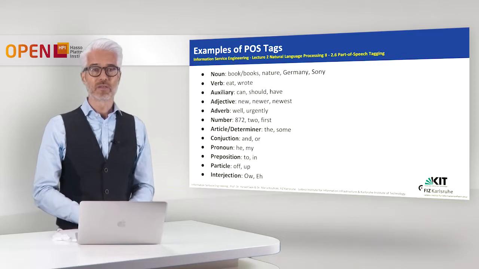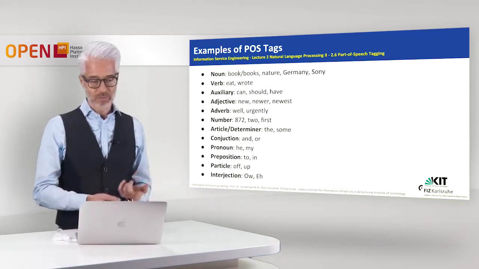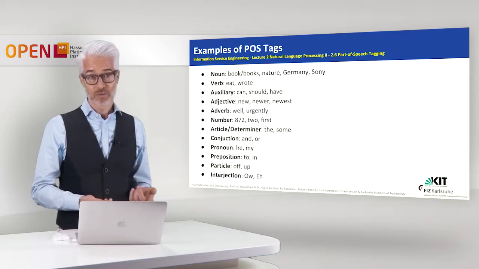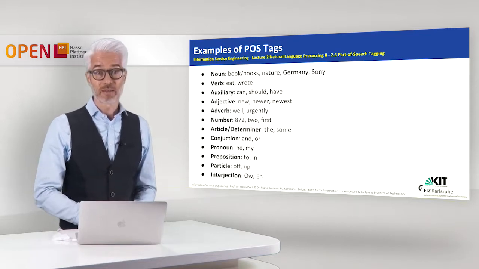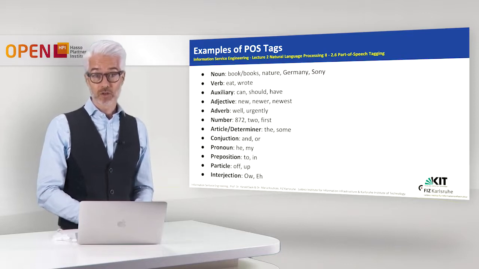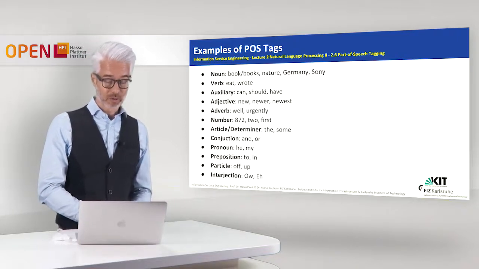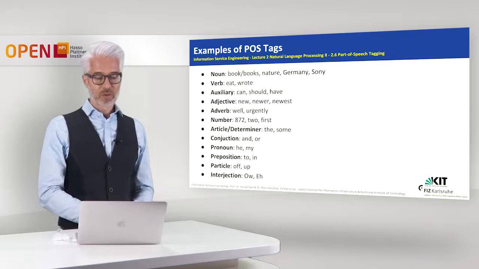Here you have a better overview over more classes. First we have nouns, like for example book or books, nature, Germany, Sony. We have verbs like eat, wrote. We have auxiliaries: can, should, have. We have adjectives: new, newer, newest. We have adverbs: well, urgently. Then we have numbers like 872.